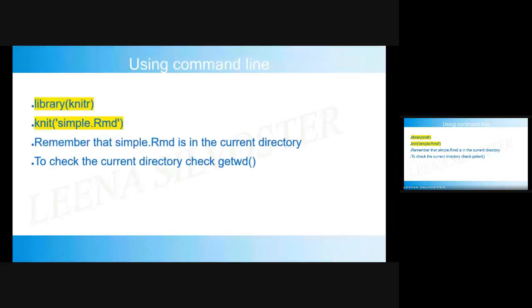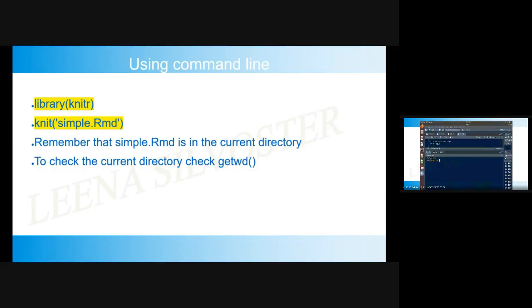Simple.rmd is in the current directory. In order to check the current directory, you can just look at the file panel, which is located at the right portion of RStudio. Otherwise, you can issue the command getwd, get working directory.